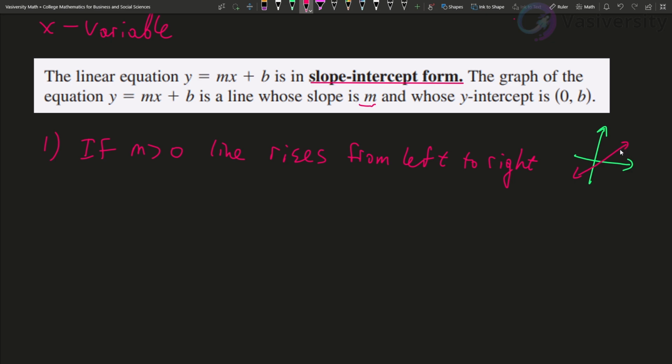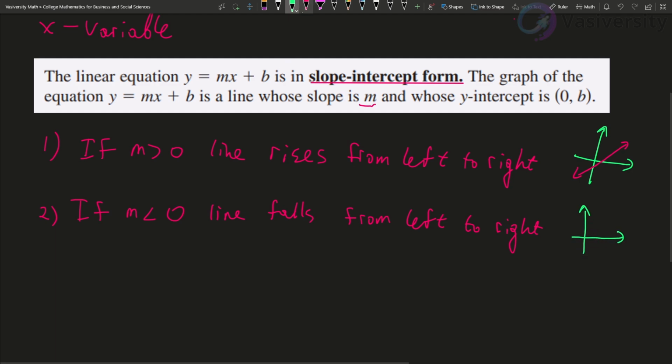It's rising upwards. And number two, if the slope m is less than 0, then the line falls from left to right. And how would that look? That would look something like this, when we have x and y axis.